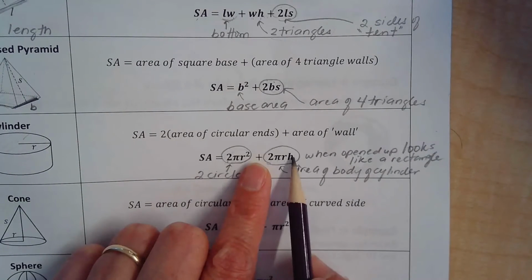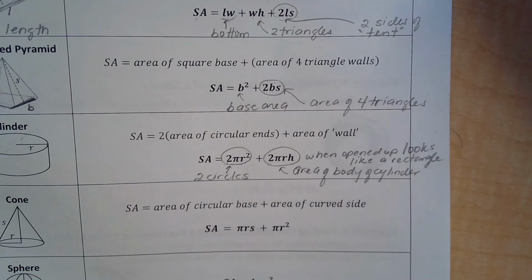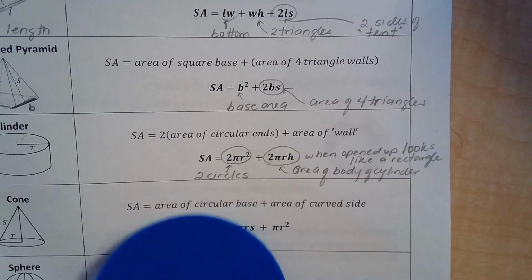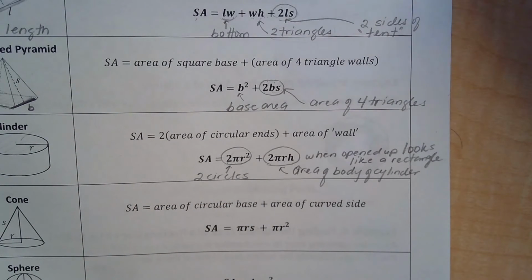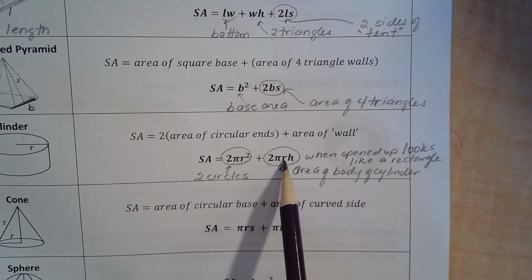So this is the part where, when we unravel, open up the cylinder, it looks like a rectangle to us. Okay, so 2 times pi times r times h.